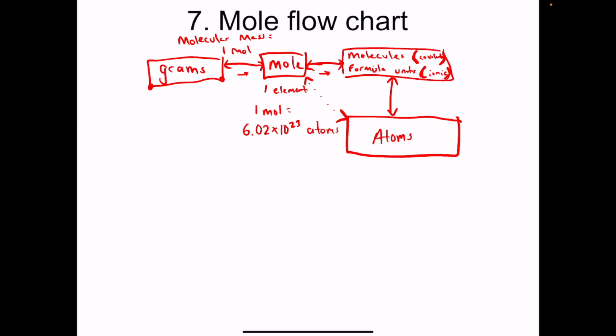So you're going to go from moles to molecules. The way to convert between those two would be 1 mole equals 6.02 times 10 to the 23rd molecules. Or if we were talking about something else, it would be 6.02 times 10 to the 23rd formula units. It just depends if it's covalent or ionic. Again, the math won't make a difference. So now that we know how many molecules we have, we can figure out atoms by going from molecules to atoms.